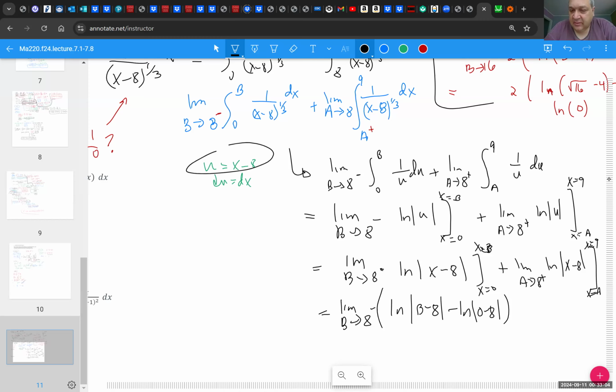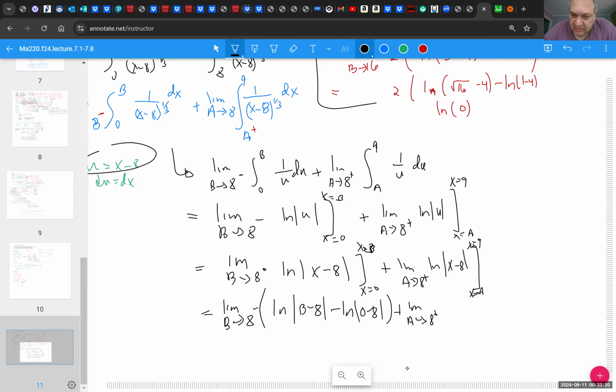And over here, I have the limit as a approaches 8 from the other side. And then when I plug in 9 and a, I get ln of 9 minus 8 minus ln of a minus 8.